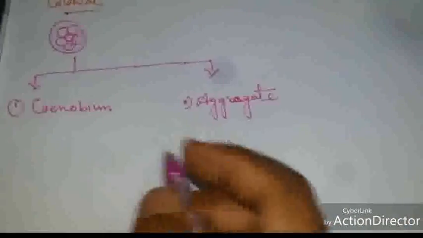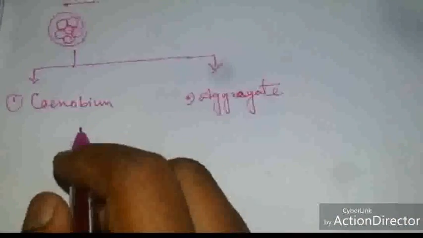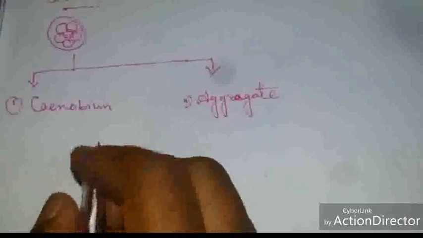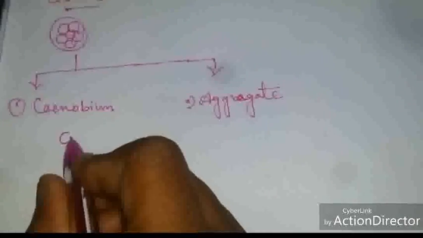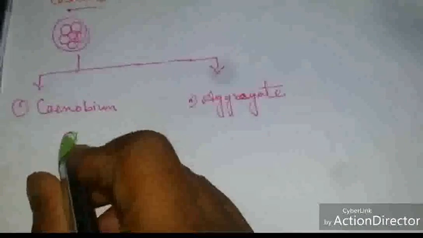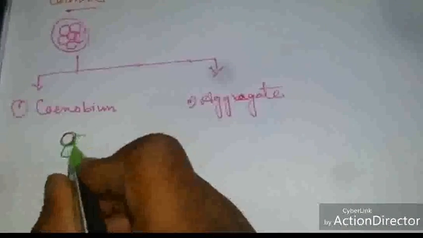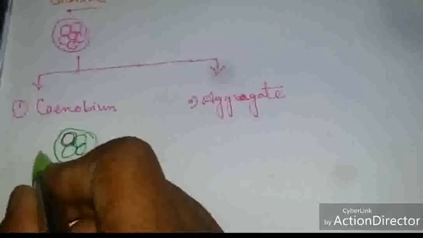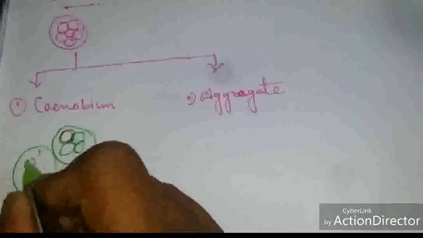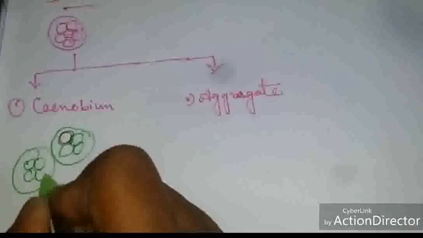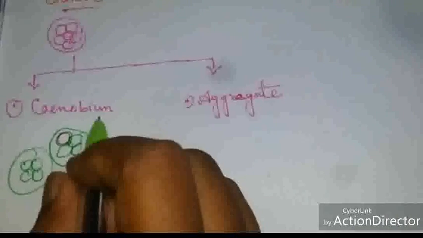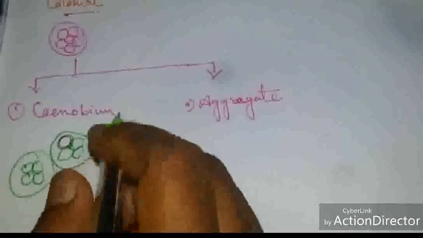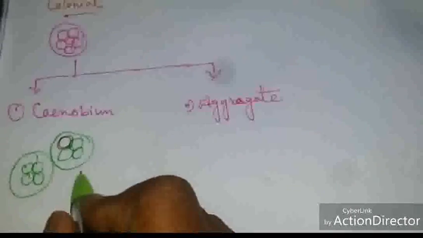In coenobium, the number of cells is constant. The cell number is constant and shape is also constant in all colonies. So this is called coenobium type thallus body, and it can also be divided into two parts.